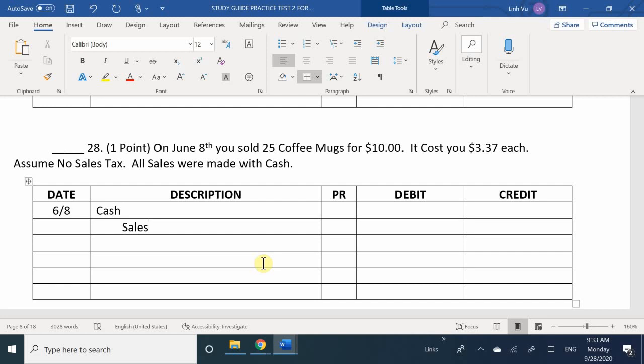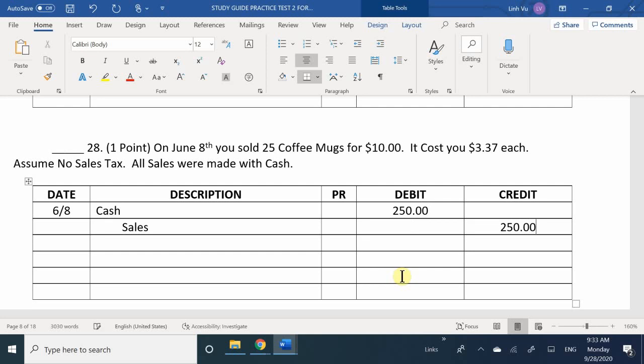Now, all right, let's focus on one transaction at a time. Right now we're just recording our sales. So, how much cash did I receive for these sales? $250.